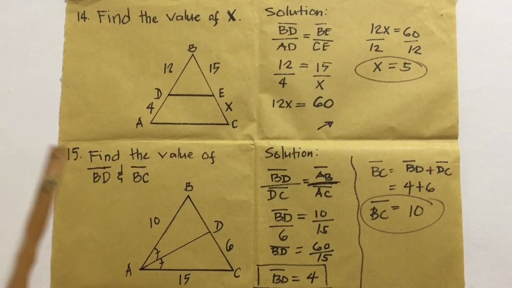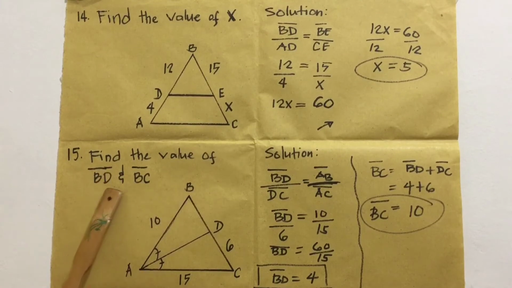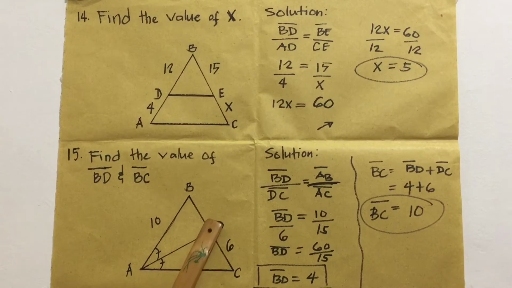Next, number 15, find the value of segment BD and segment BC. This time the given is an angle bisector. The segment is called an angle bisector if this angle A is divided equally.